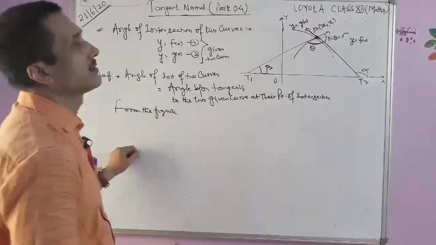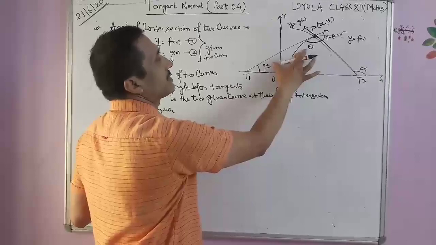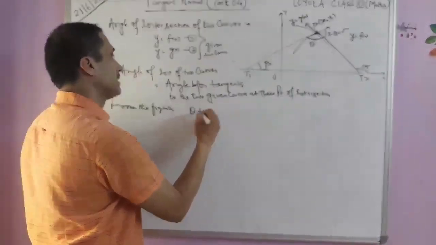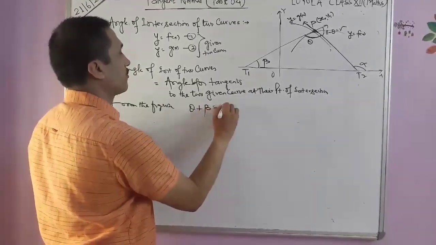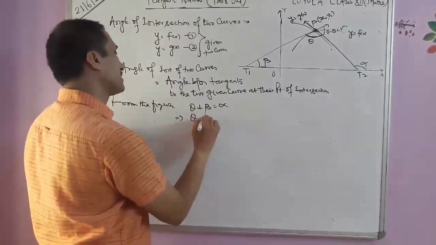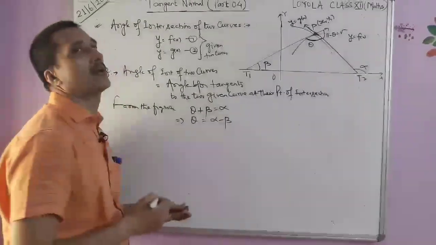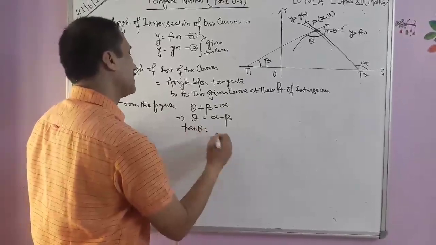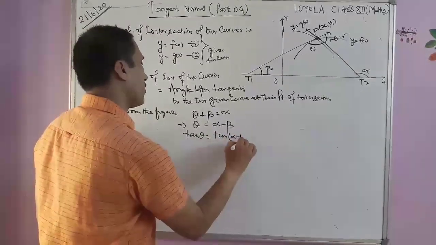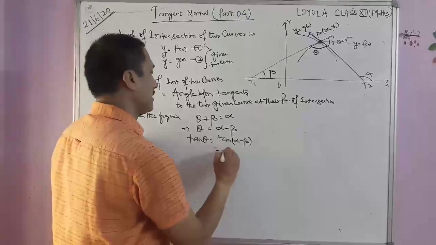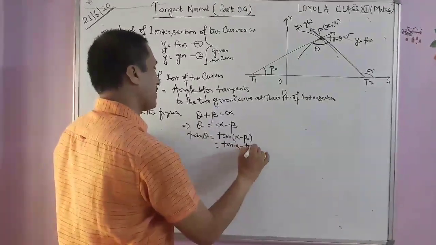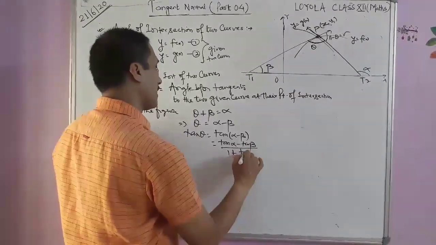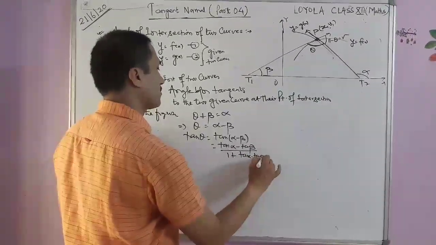From the figure, sum of two angles theta plus beta equals the external angle alpha. Theta plus beta equals alpha. This implies theta equals alpha minus beta. Taking tan on both sides, tan theta equals tan of (alpha minus beta), equal to tan alpha minus tan beta divided by 1 plus tan alpha into tan beta.